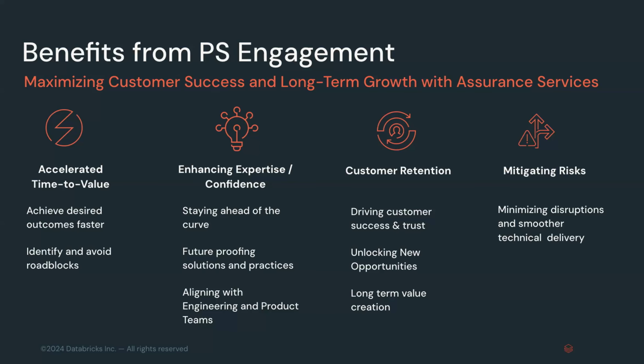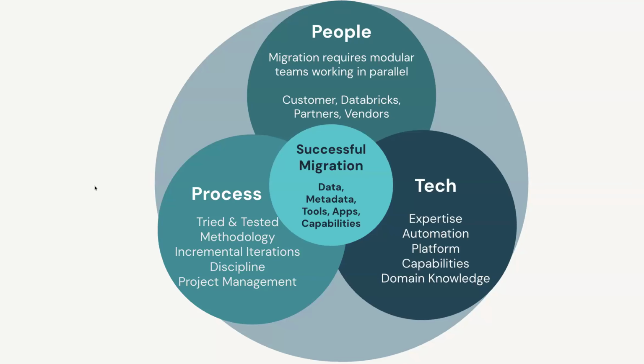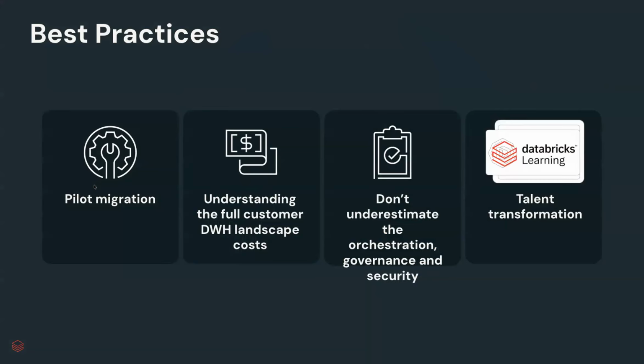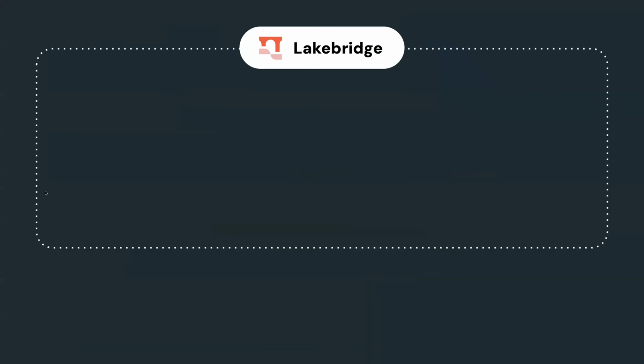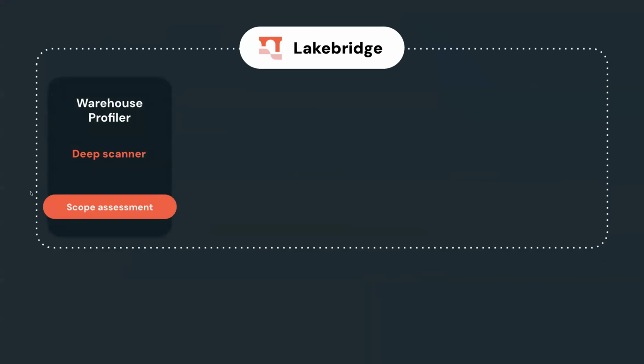Sure. If you cut forward, I think it's a couple of slides. We obviously have Lakebridge. So Lakebridge is our primary tool. It's open source, available for anyone to download and use. And if you're starting a migration or thinking about a migration, this is definitely where we think you should start.